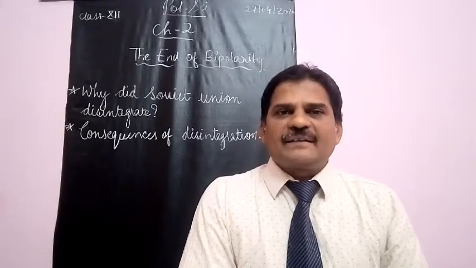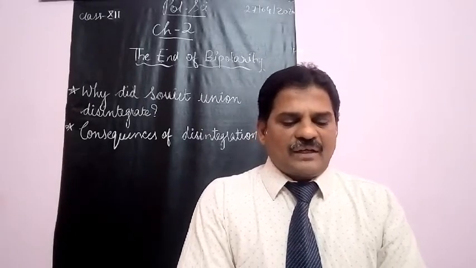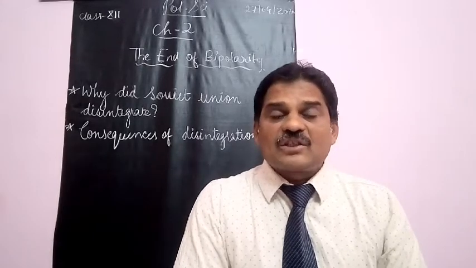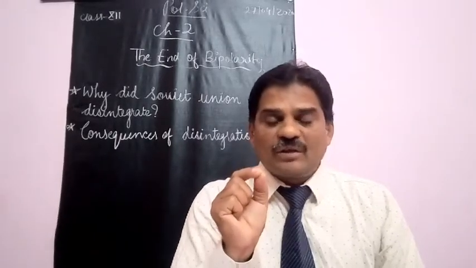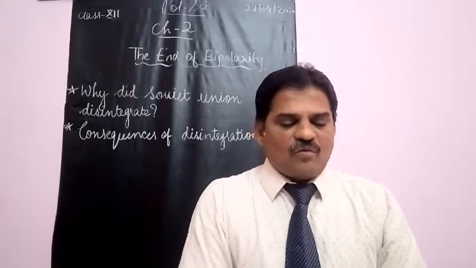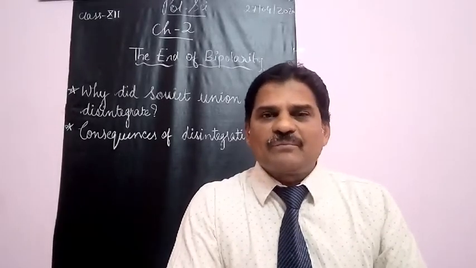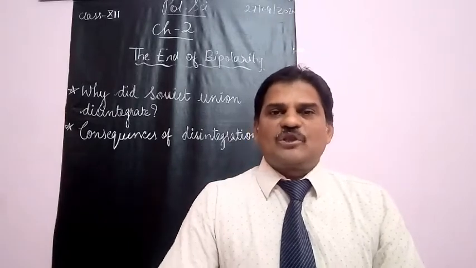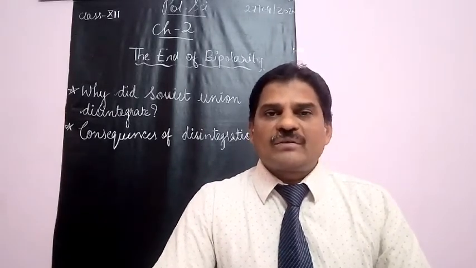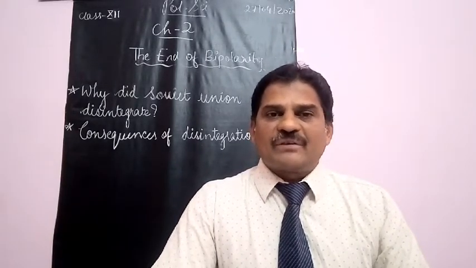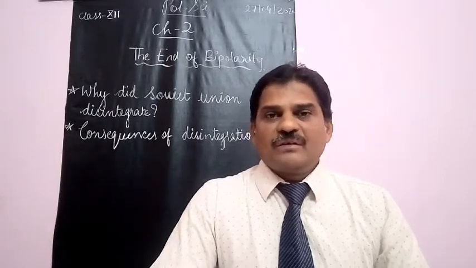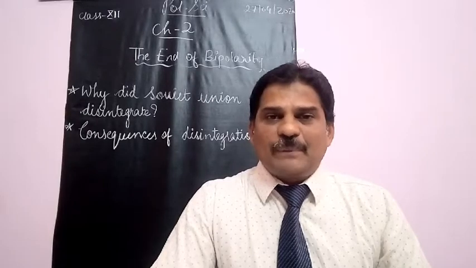The Communist Party, which had ruled in the Soviet Union for over 70 years, was not accountable to the people. Another reason: the communist government which ruled for a long period of 70 years was not responsible to the people. The government neglected the aspirations of the people.